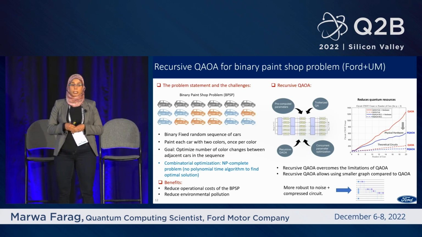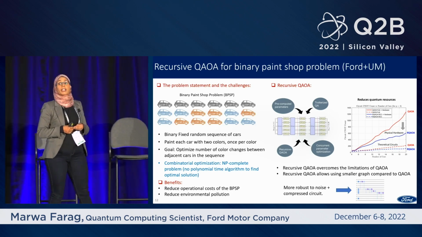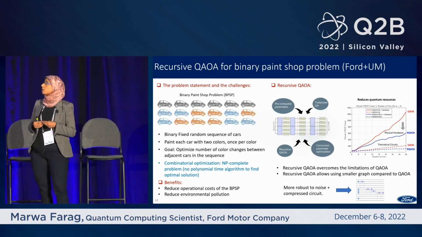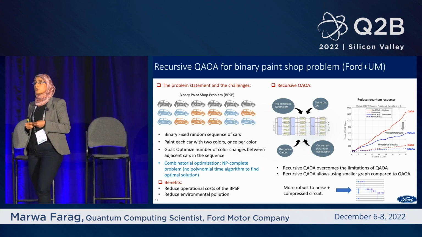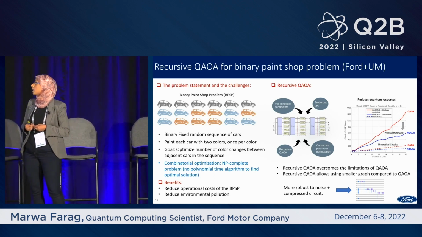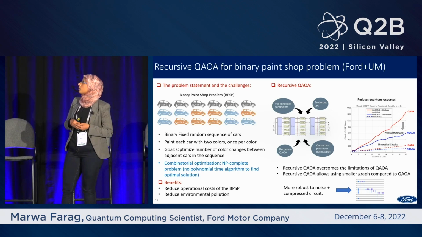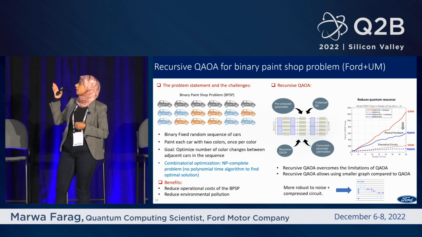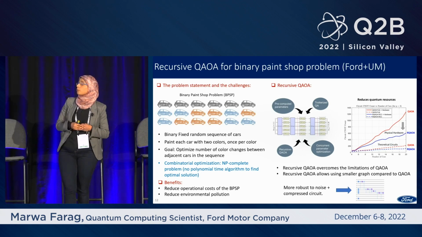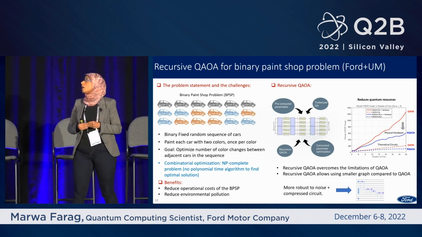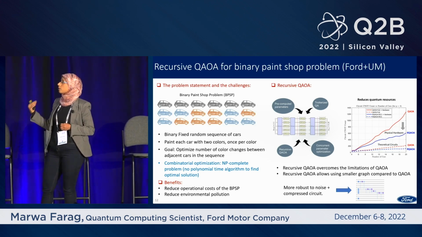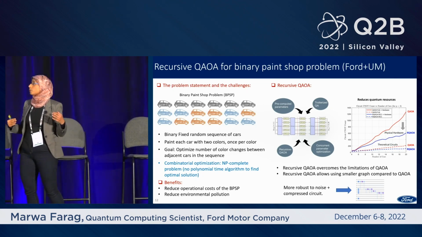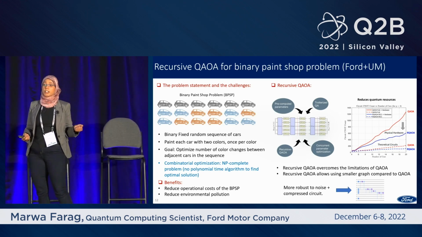We have been testing 2 methods, recursive QAOA and QAOA, and we compare the results against some classical tools such as the greedy algorithm as well as recursive greedy. When we compare for this problem using QAOA and recursive QAOA, with parameters pre-computed using some techniques, we find that recursive QAOA reduces the number of CNOT gates, so it helps us to significantly reduce circuit depth, which could be amenable for the near-term devices we have.